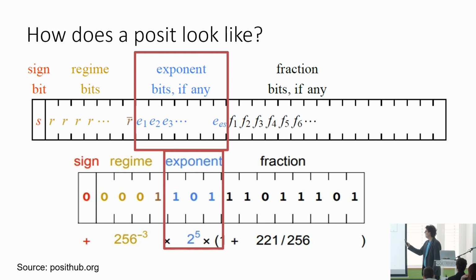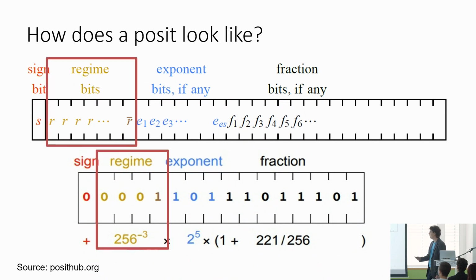But here in this example, the maximum of the exponent size, which I will call exponent size from now on, is 3. And the exponent works like an unsigned integer. So it can represent values from 0 up to 7, because we have 3 bits now. And so this is a very small scale, so it has to work together with the regime bits to tell us the scale factor and where the binary point goes.